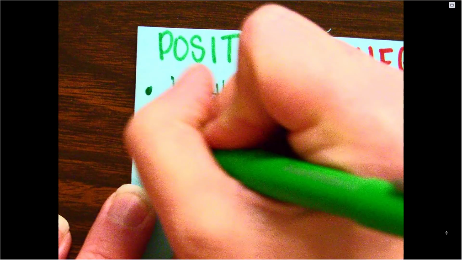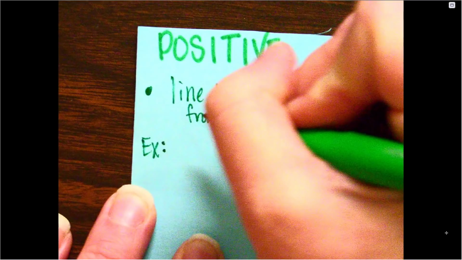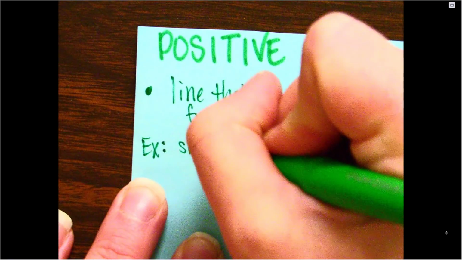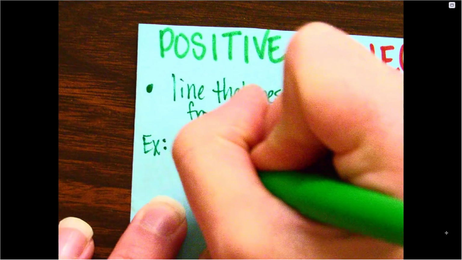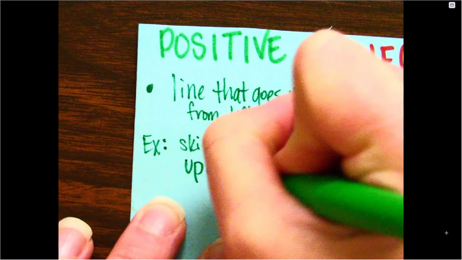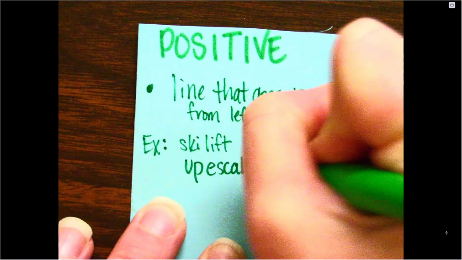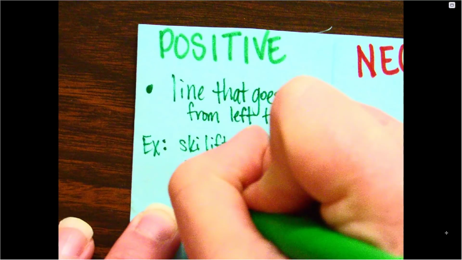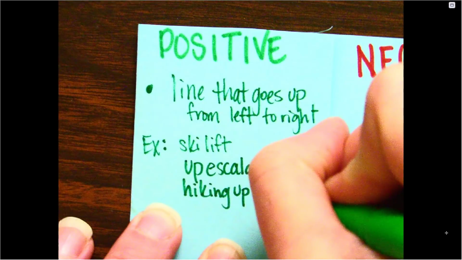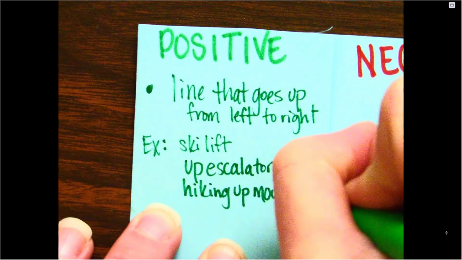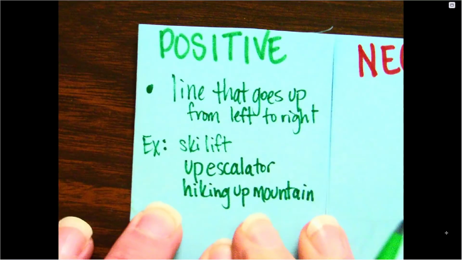Some examples of that would be a ski lift, an up escalator, or if you go hiking, hiking up a mountain is an example of a positive slope.